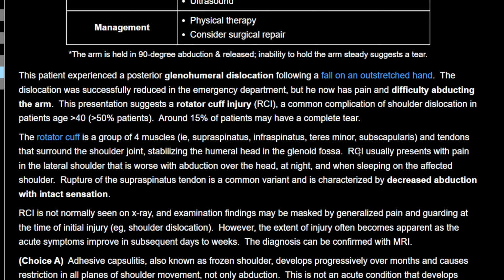The RCI, the rotator cuff injury, usually presents with pain in the lateral shoulder that is worse with abduction over the head, at night, and when sleeping on the affected shoulder. Okay, when you sleep on that side, you feel that pain. Rupture of the supraspinatus tendon is a common variant and is characterized by decreased abduction with intact sensation.